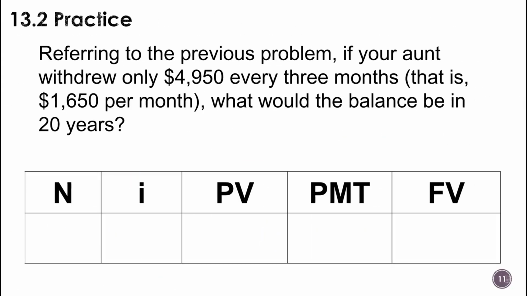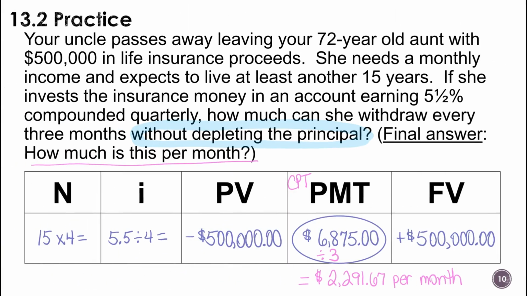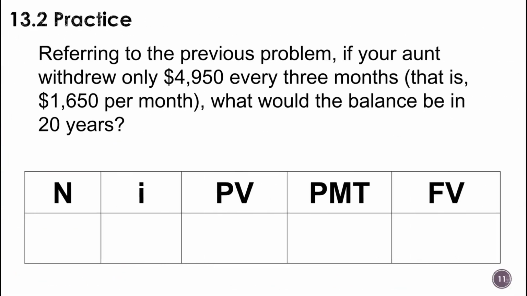All right, referring to the previous problem, if your aunt withdrew only $4,950 every 3 months, that is $1,650 per month, what would the balance be in 20 years? All right, $4,950, remember on this previous example it was $6,875. So we're going to complete the chart again.